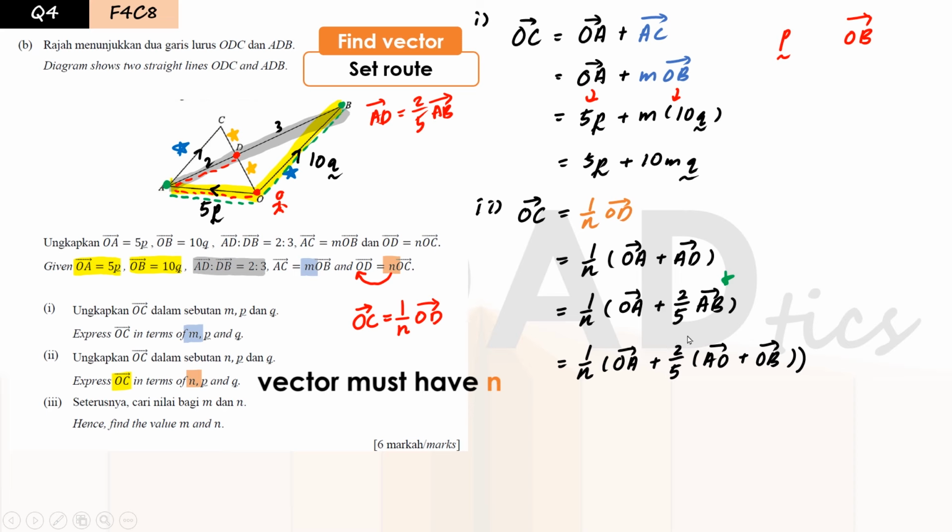So now for each of the vectors here, I can change their forms together. Okay, so OA here will be 5P. Right, and this one, AO. Okay, AO is going to the right side. But the vector given here is going to the left.